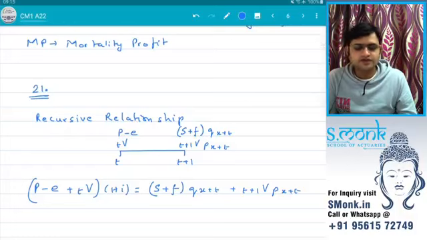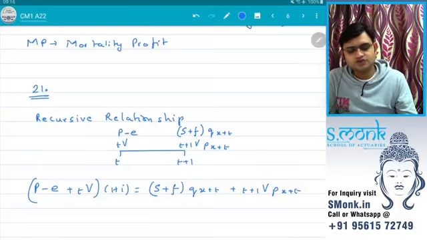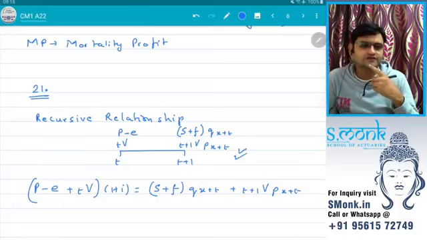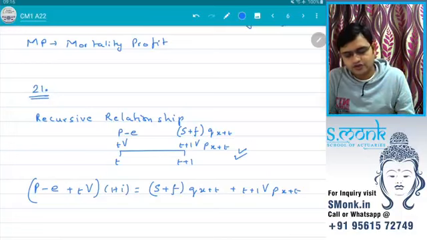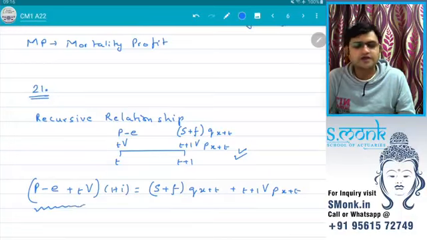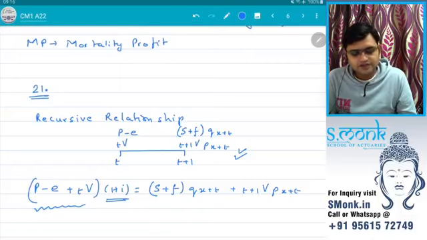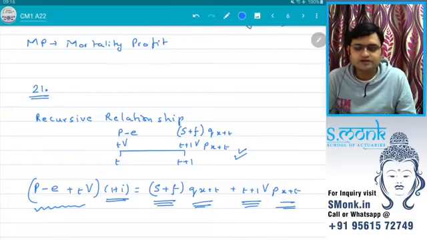But this is what a recursive relationship is. We can use the understanding of the cash flows and make the equation very easily. Cash flows, or you can say the income happening at the beginning of the year, into 1 plus i, is equal to the expenses that we'll see at the end of the year.